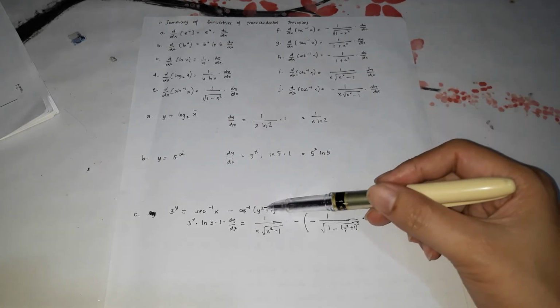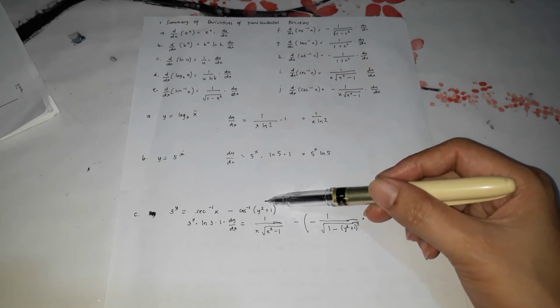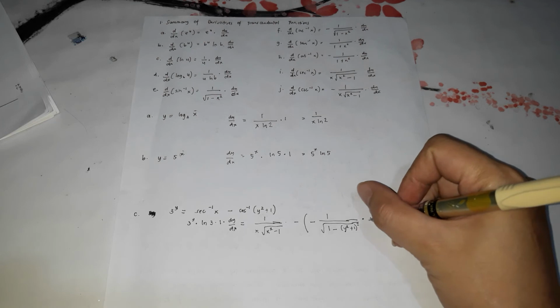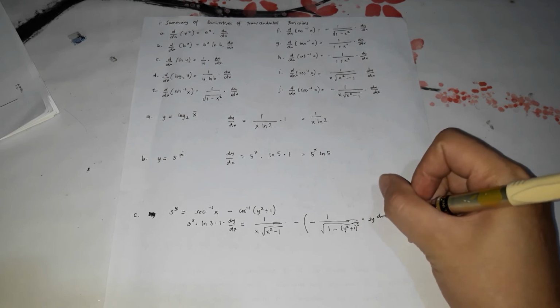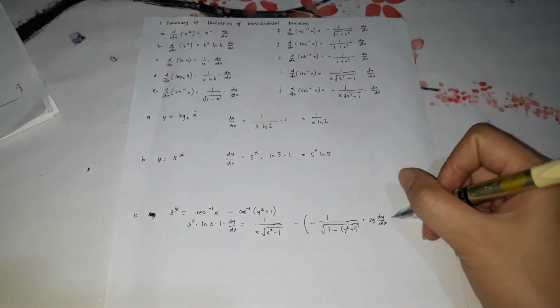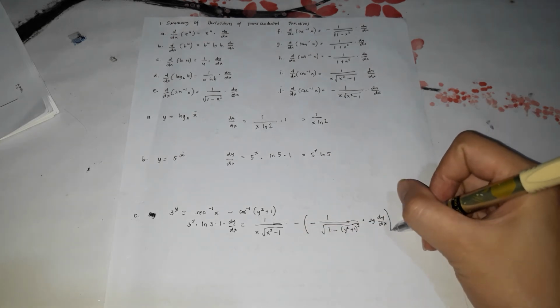The derivative of u is 2y, and again, because it's y, times dy over dx, plus 0. Simply do not write the 0.